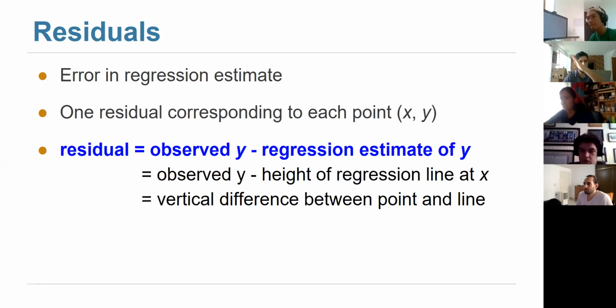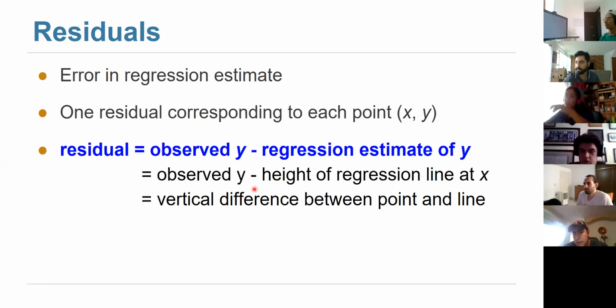If you consider the line, the vertical distance between this point and this line is your residual. If you have the observed Y, you can calculate the height of the regression line at that point on the X-axis, and the difference would be your residual. Let me show you in the code, it would be much clearer.